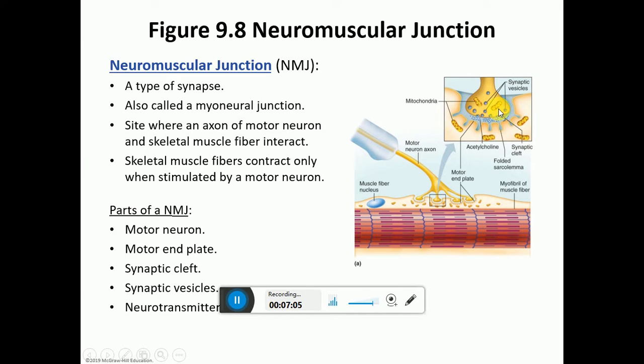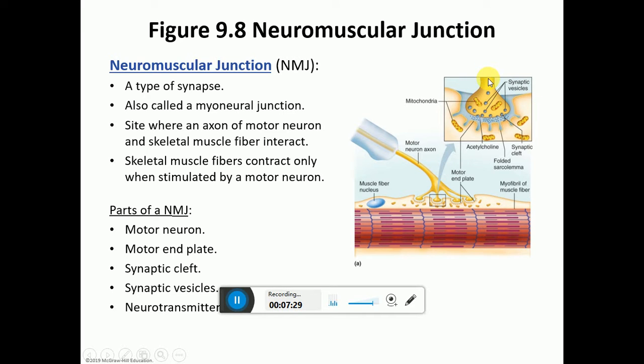You can also see obviously tons of mitochondria as well. And then there's a little gap between the nerve and the skeletal muscle that is known as the synaptic cleft. And on this end, this is now where the skeletal muscle is. Okay, so that would be your motor end plate. So these right here make the parts of your neuromuscular junction.